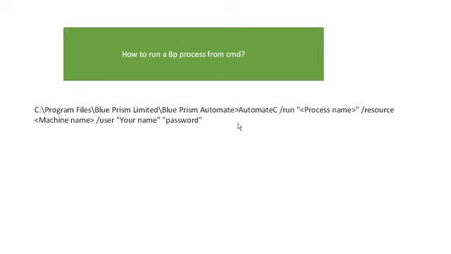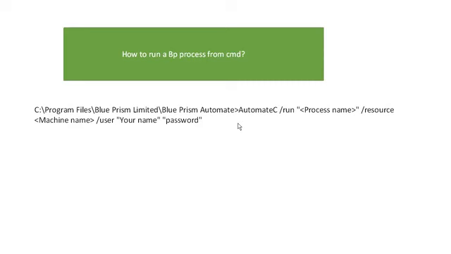At that time we may use the command prompt. When you run from the command prompt, you have to make sure you use the same command with the process name and your username and password authentication. So it will run directly and take your BP process and run it.